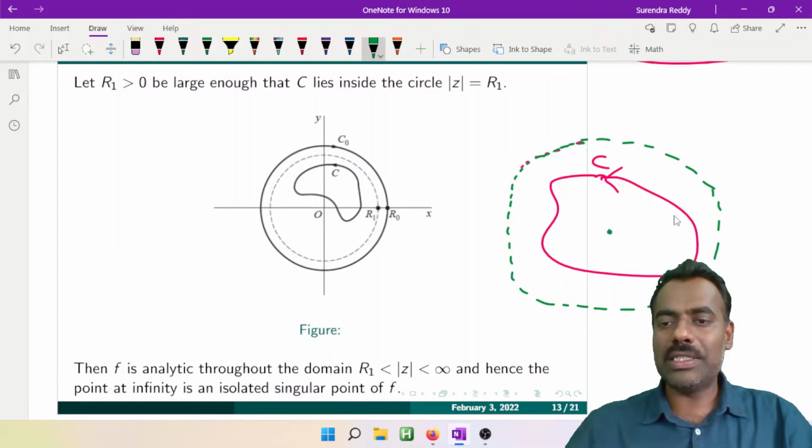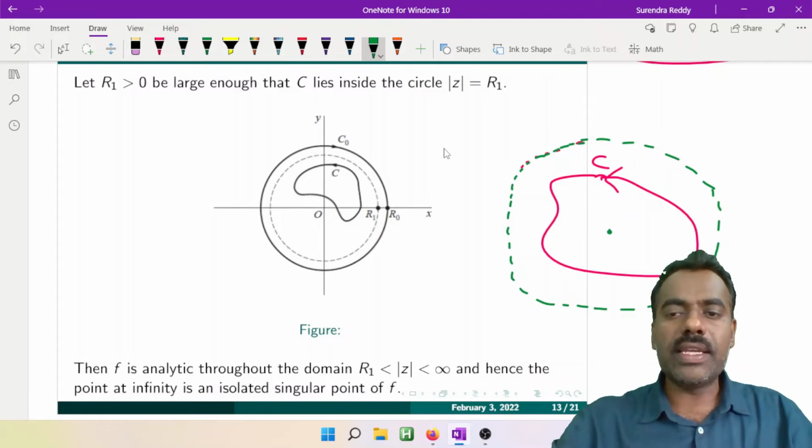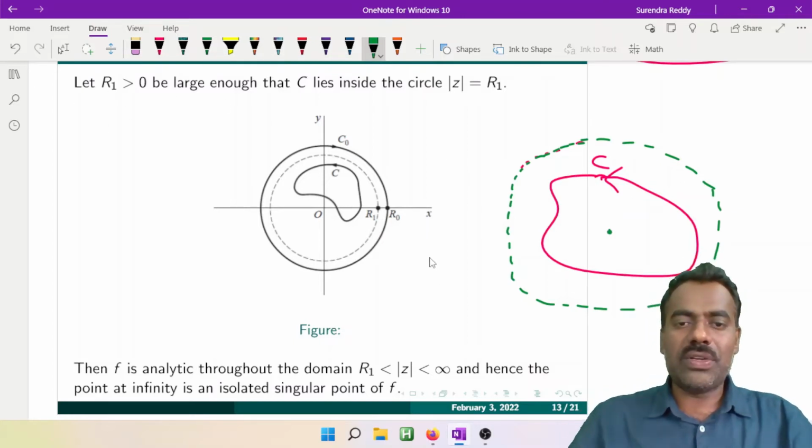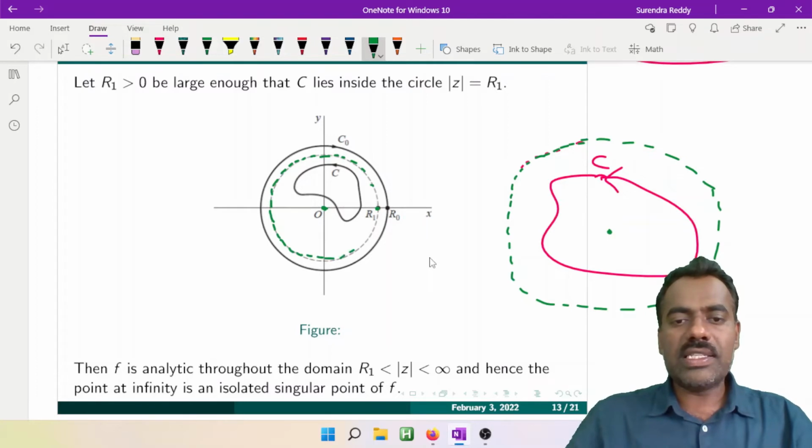Suppose I put it just like this. So this is our origin, this is our R1. Now if you construct this circle, our given curve C is completely inside this circle.